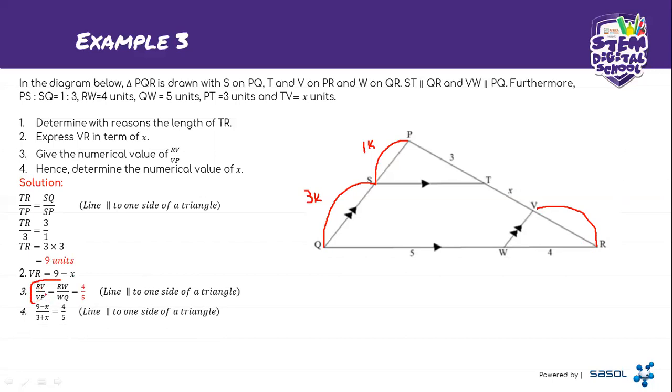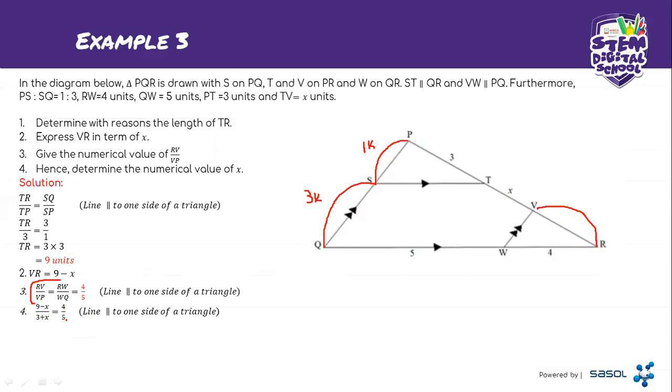For VR we substitute 9 minus X, and for VP we have this X plus this 3, which is X plus 3.